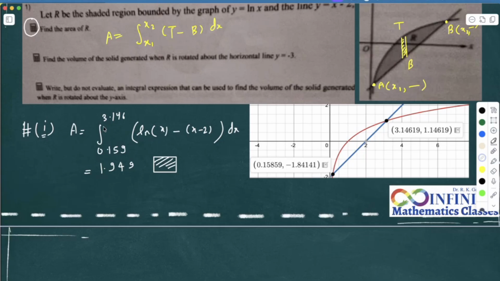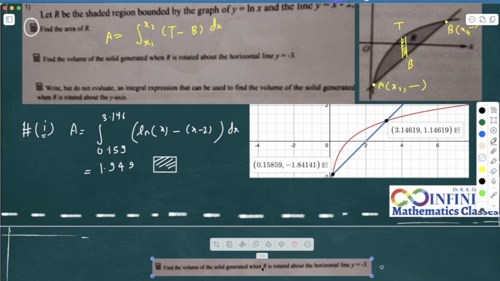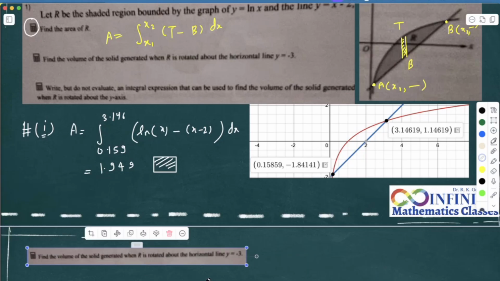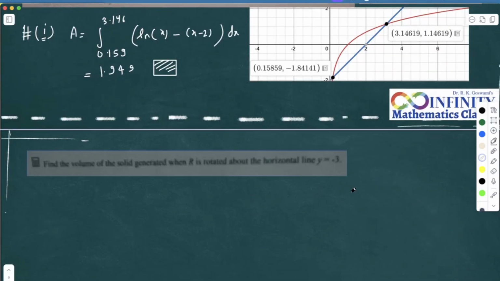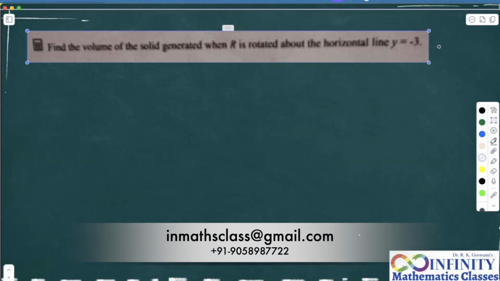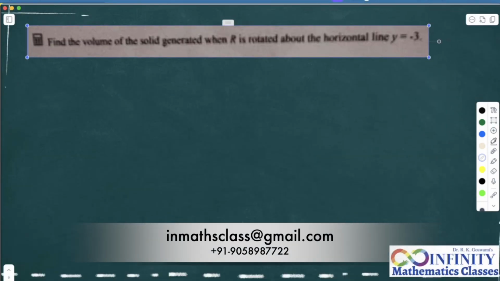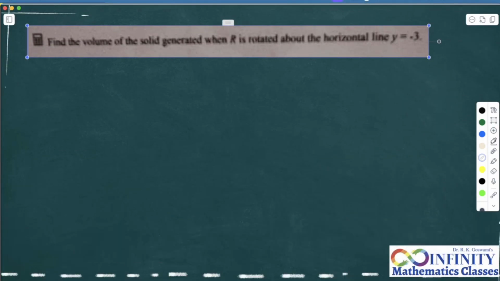Now, the second part is you need to find the volume generated by the solid when you revolve it horizontally about the line y equals minus 3. So let me just paste the graph first. Okay, give me a second. I need to mention some points here.